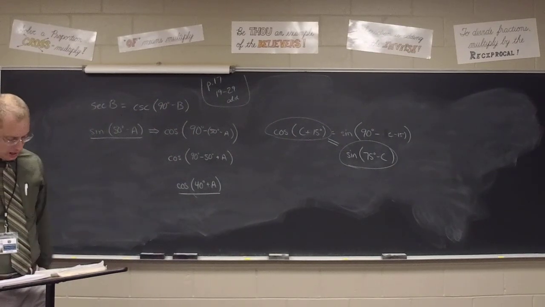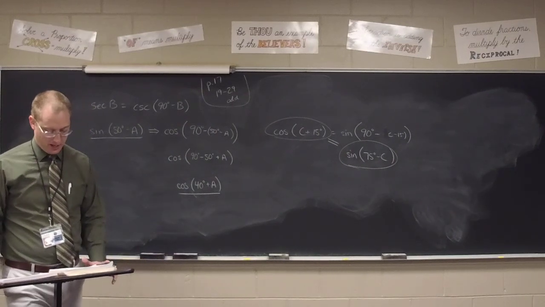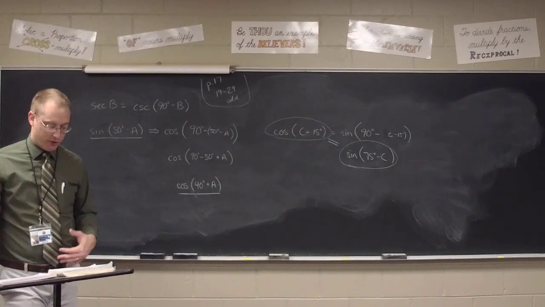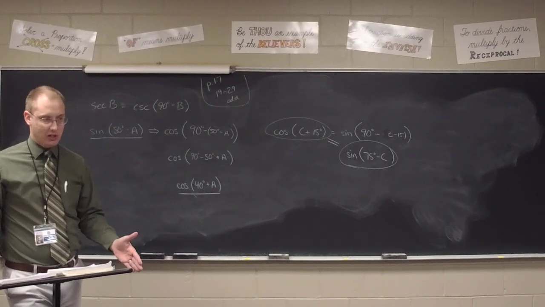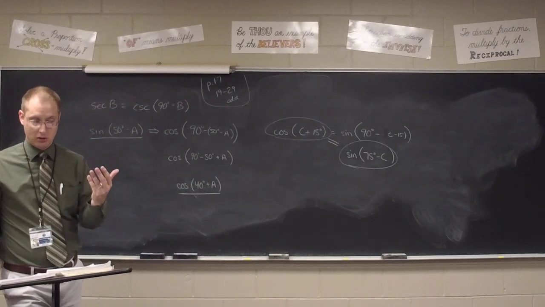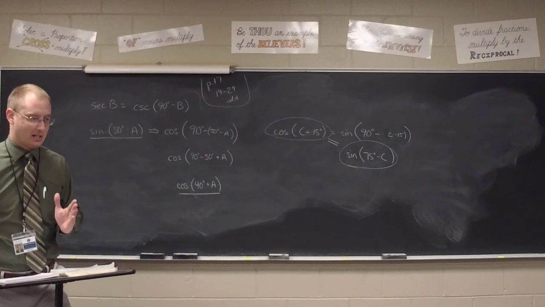All right. Now look at number 31. It says use the identities to verify each statement. Do you notice in that first denominator it says tangent of 90 degrees minus A? 90 minus angle is always a way of finding the complement, right? Going all the way back to the beginning of geometry, you find a complement by saying 90 minus that.